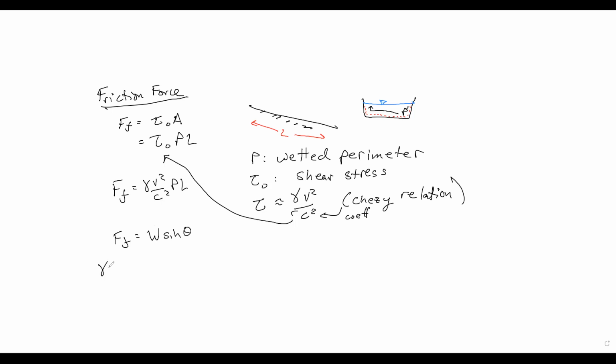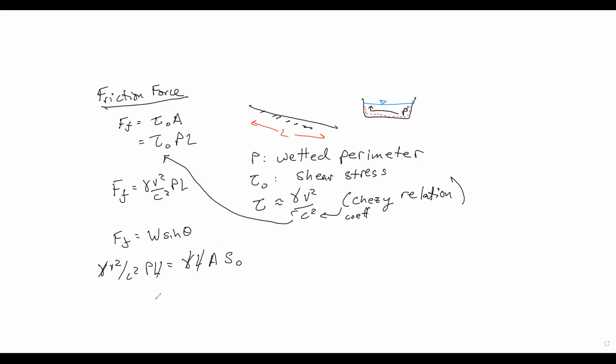Gamma V squared over C squared P L is equal to that weight sine theta, which we extrapolated out to be gamma L A S naught, which is our bed slope. We can cross some stuff out, gamma L, and then we can solve.